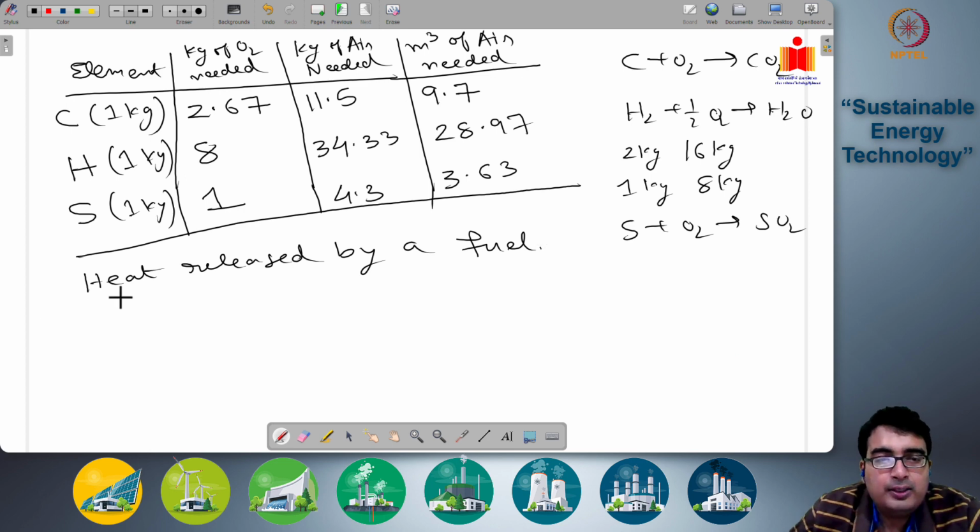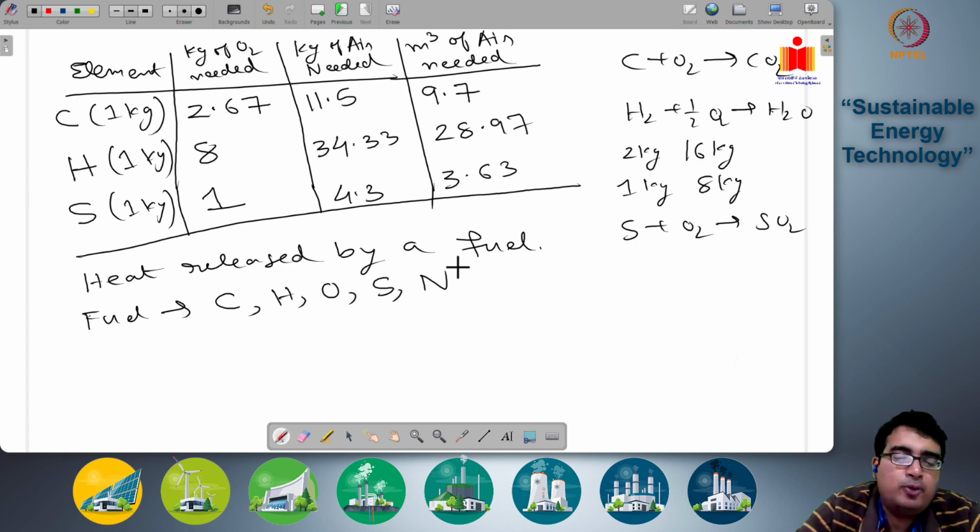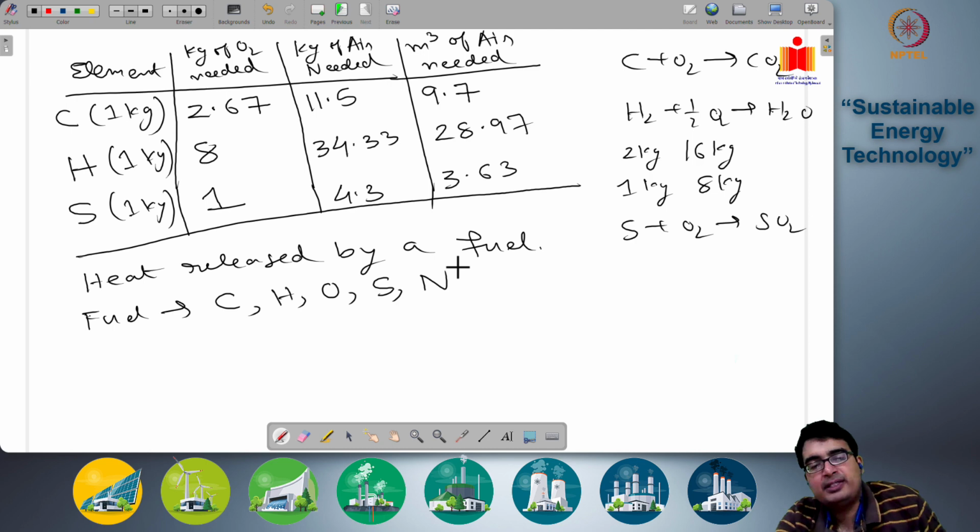So typically the fuel will have some amount of carbon, some amount of hydrogen, some amount of oxygen, some amount of sulfur, and maybe some amount of nitrogen. Alright. Carbon and hydrogen are the main contents of a fuel. Oxygen, sulfur, nitrogen may be present in smaller amounts. Alright.